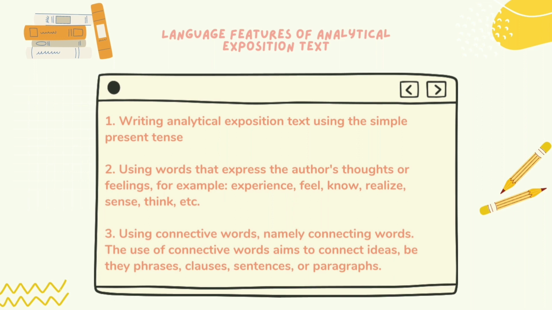The second one, using words that express the author's thoughts or feelings, for example, experience, feel, know, realize, sense, think, and etc. And then the last language feature is using connective words, or namely connecting words. The use of connective words aims to connect ideas, be they phrases, clauses, sentences, or paragraphs.